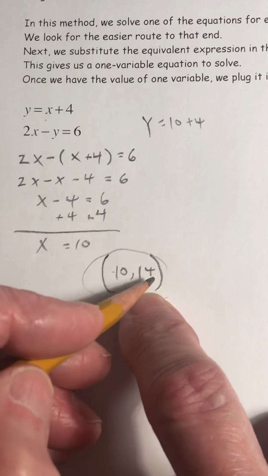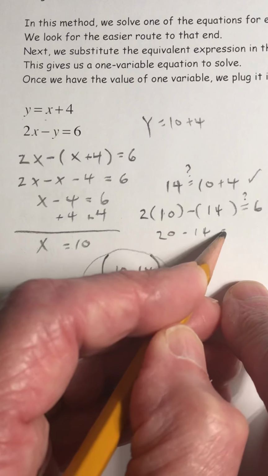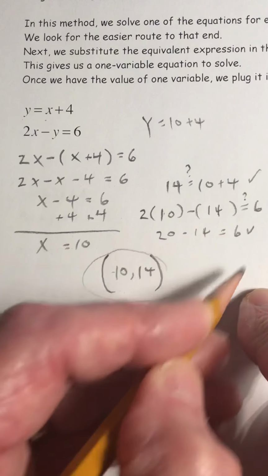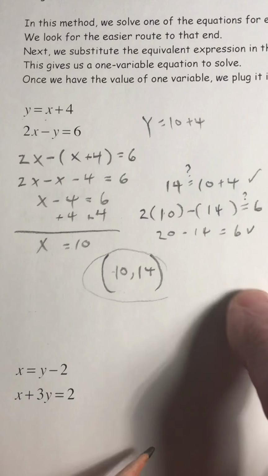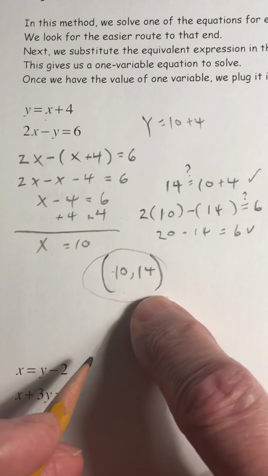Well, 2 times 10 is 20, and 20 minus 14 is 6, so it does work. That convinces me 10 comma 14, 10 for x, 14 for y, is the correct solution for this little system of equations.